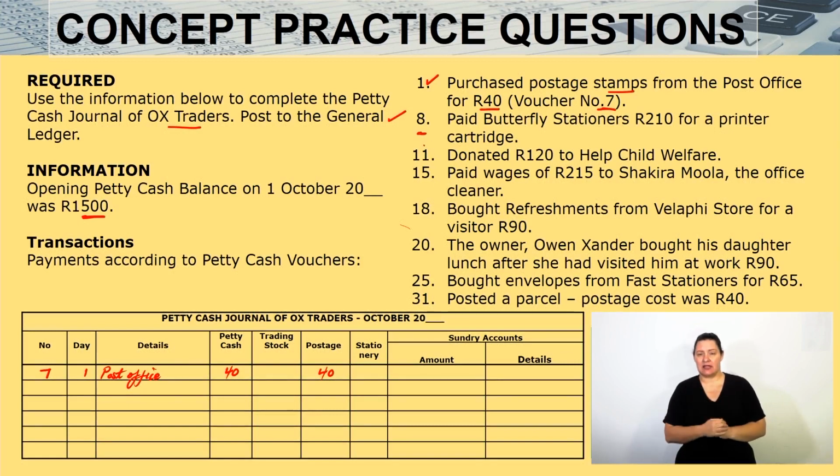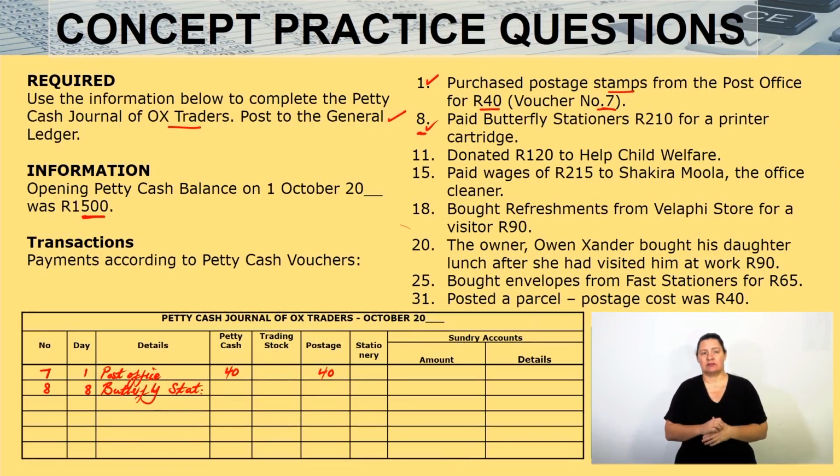Let's go now to the one on the 8th. It says, paid butterfly stationers 210 for a printer cartridge. So here my source document number is going to be 8 and the day is the 8th as well. All right, there is my day. And then whom did we pay? Butterfly stationers.